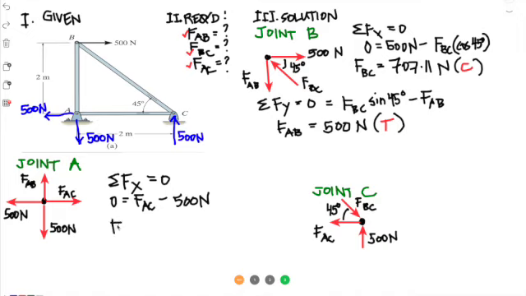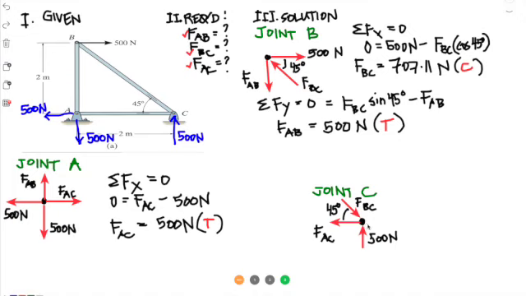So it also gives us that FAC would just be equal to 500 newtons, and it is a tensile force. Okay, so we already solved for the three. If you want to try to check joint C for FAC, you are free to do so as well.